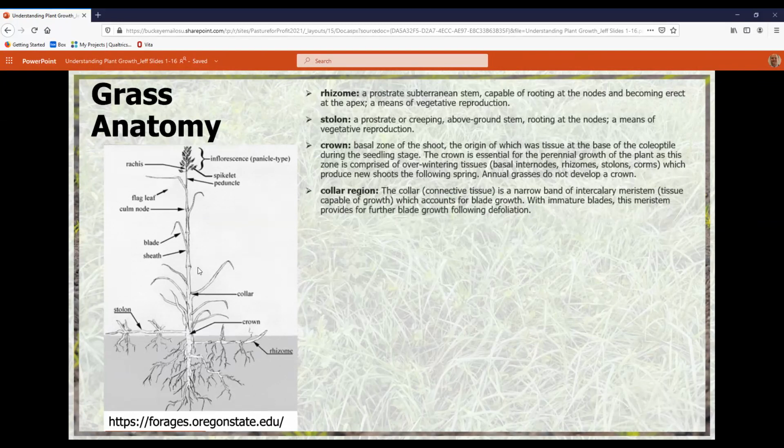Another one, we have these collars. Easy to identify when you've looked at a stem. You can see those bumps in the tissue. It's where the leaf attaches, and this is another growth point on our grass plants. This is where the leaf meristem, or they call it intercalary meristem, is, the area where the growth actually happens with new leaves.